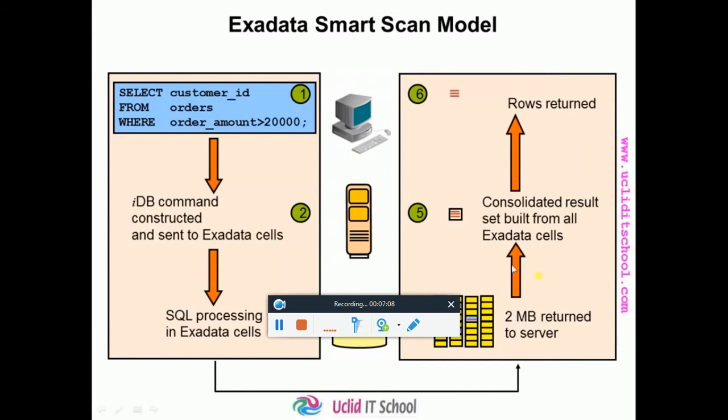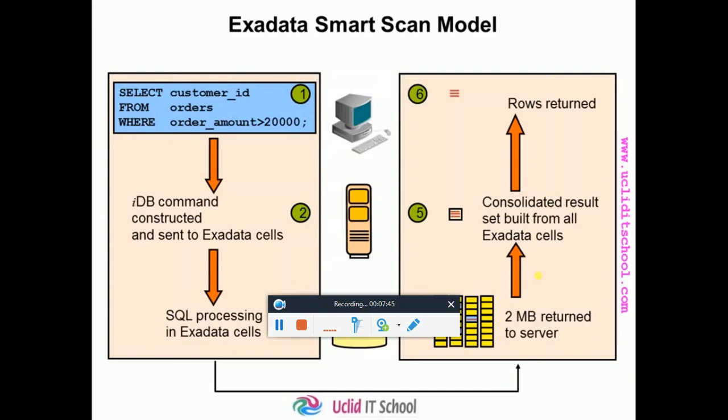So only the 2 MB of data is sent to the database servers instead of 10 GB worth of data. The 2 MB is transmitted over the private interconnect, and it can be transmitted very quickly, right? That way your I/O performance is much better with Smart Scan.